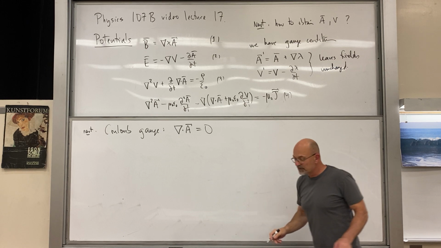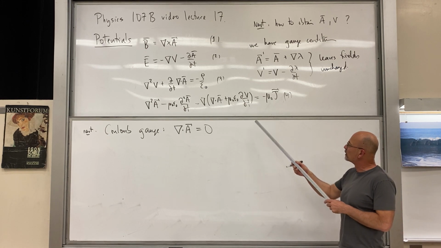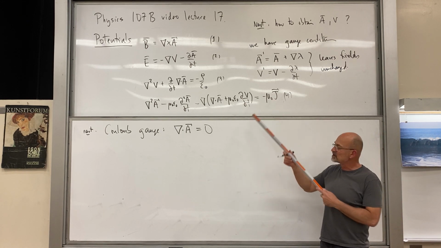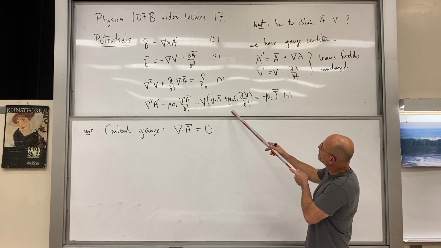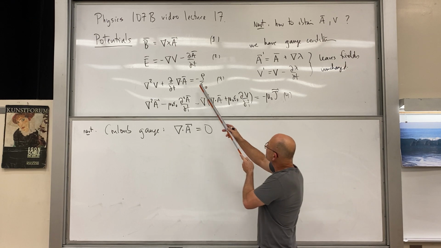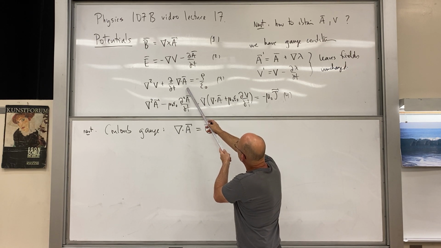We'll prove in a moment that that satisfies the gauge conditions. But with the divergence of A vanishing, what that does is simplify this equation right here.